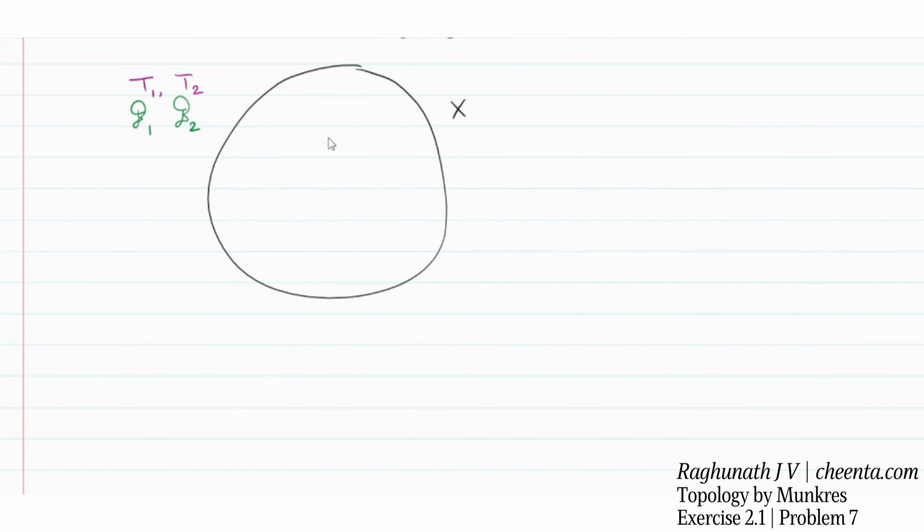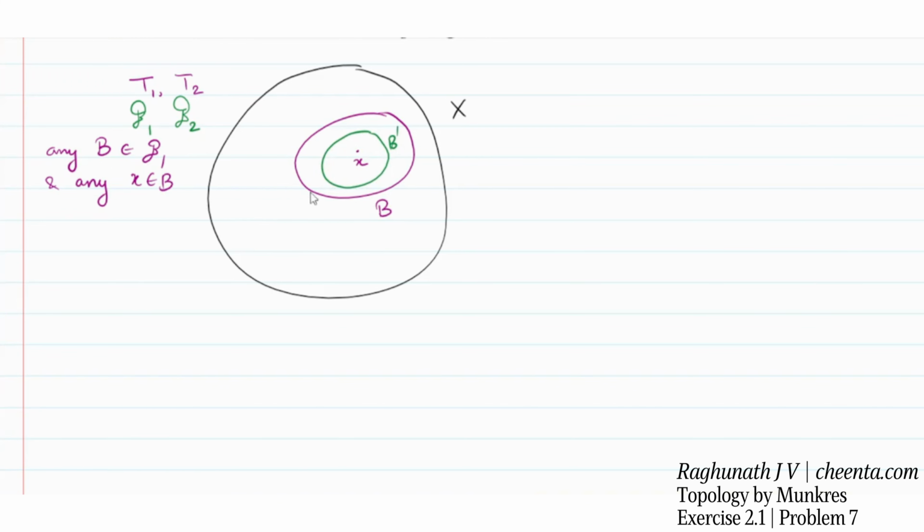Suppose I can prove this: for any basis element B in curly B1 and any element x of B, there exists a basis element B' such that x belongs to B', and B' is a subset of B, and B' is a basis element of the topology T2, that is, B' is in curly B2.